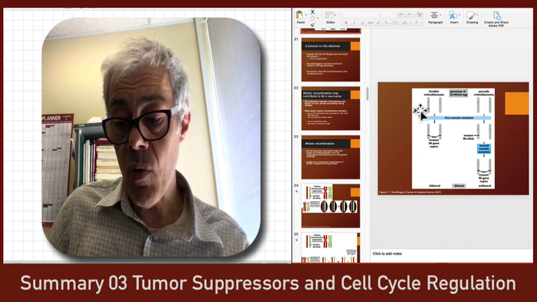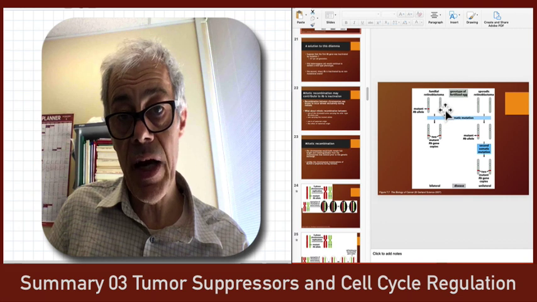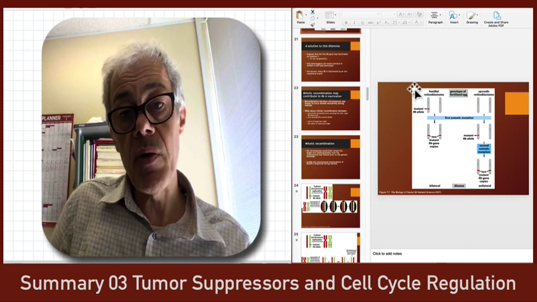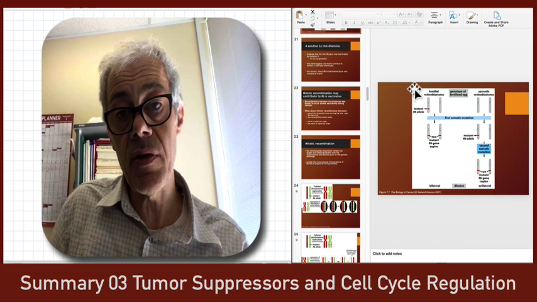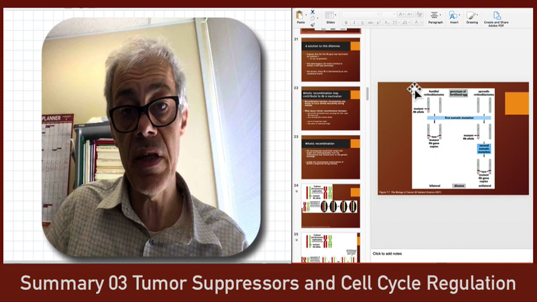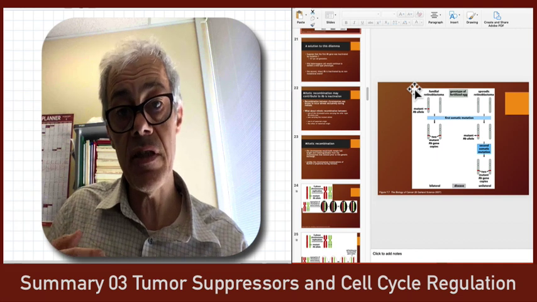So you've got one mutant allele and one good allele, so it's heterozygous, okay? But for the full-blown disease, it has to be homozygous, because the good copy can protect against the bad copy. So you have to have a mutation in the good copy in addition to the existing mutation.